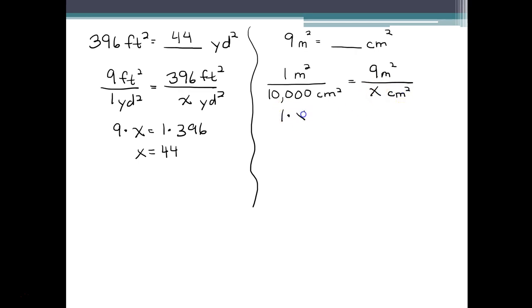So 1 times x equals 9 times 10,000. So x is 90,000. So we're talking about 90,000 square centimeters. 90,000 little centimeter by centimeter squares will fit in a square that's 3 by 3, or 9 square meters. So there's your conversions there. So practice that definitely. Make sure you know how to do those conversions too.